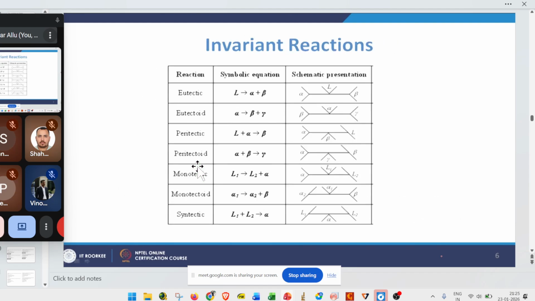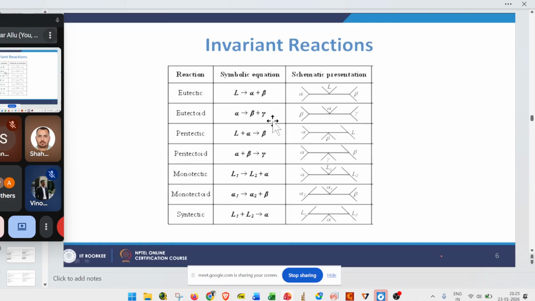Once a liquid, during the solidification time, forms two different kinds of phases, like alpha and beta, it is called a eutectic reaction. Eutectoid is where one phase converts into two different phases, like beta and gamma.